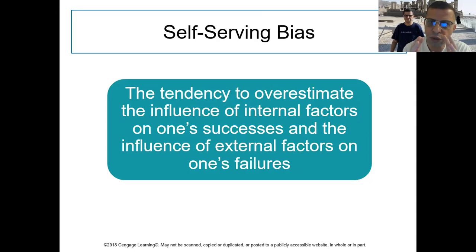And then you have what you call the self-serving bias, the tendency to overestimate the influence of internal factors on one's success and the influence of external factors on one's failures. When you succeed, you say, I did that, I'm this. When you fail, somebody did that, and I had to fail.